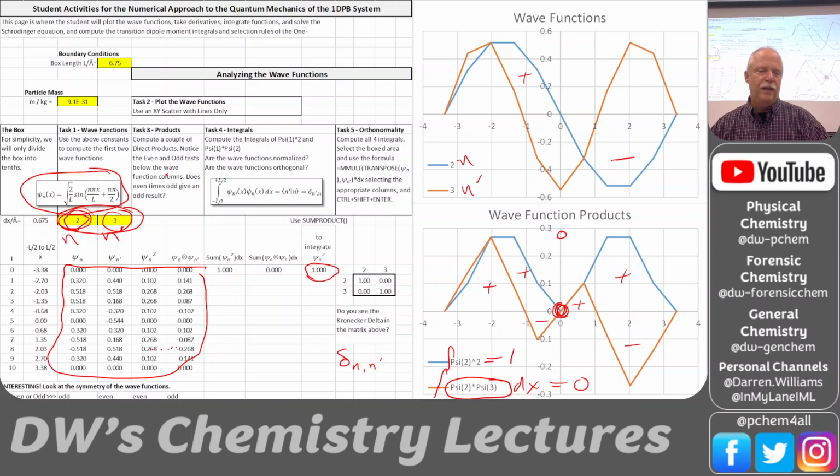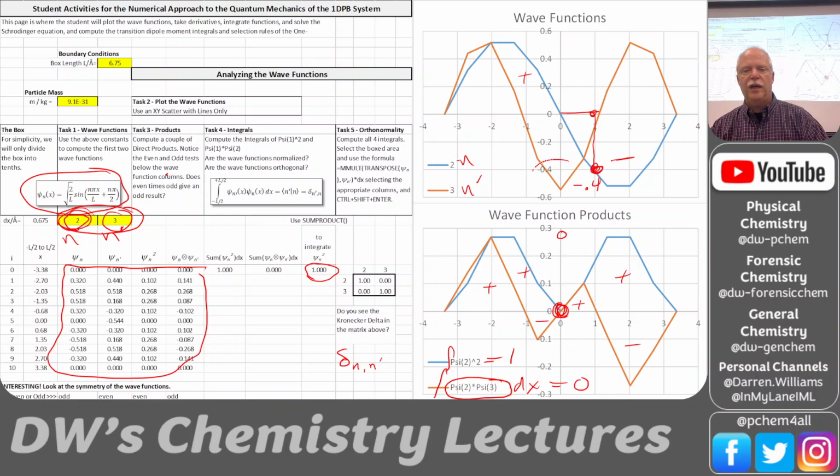Yes, no question. Also looking at the symmetry of the wave functions, even and odd. We haven't really defined that. If I have a function here, let's look at the blue curve. If I go to the right, like if I go 1 unit in the positive direction on x, and I evaluate that function, I get minus 0.4.